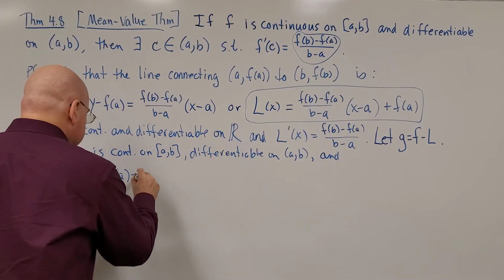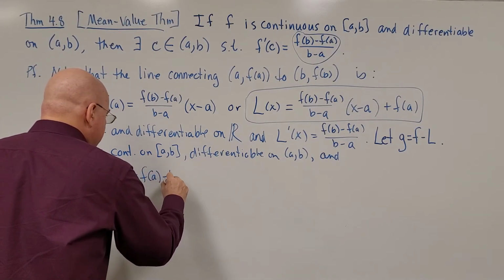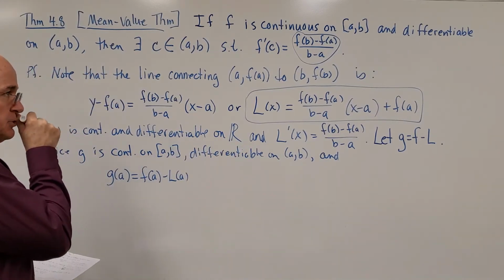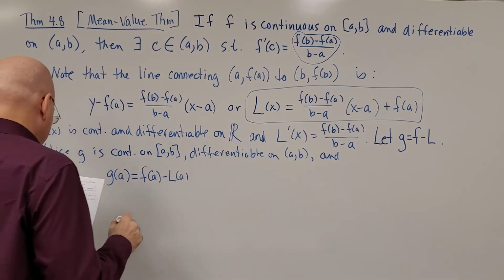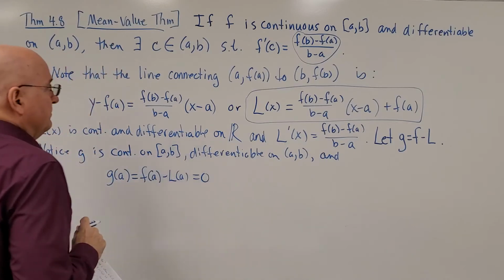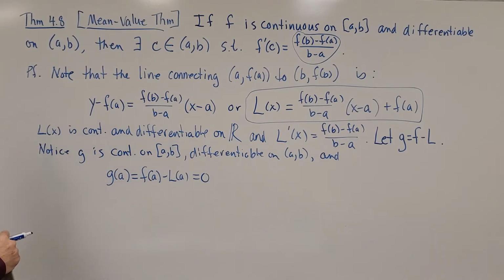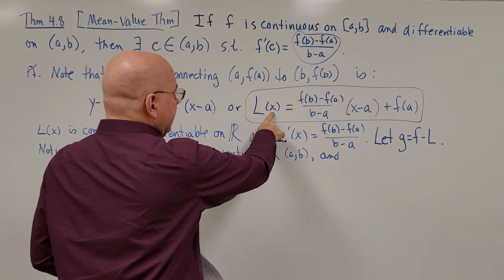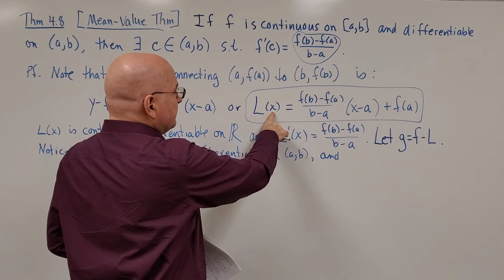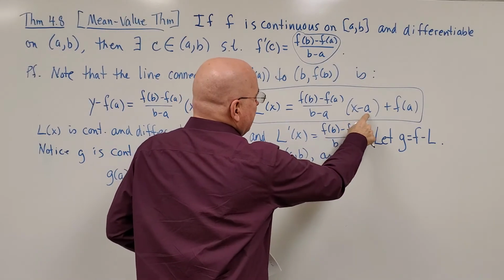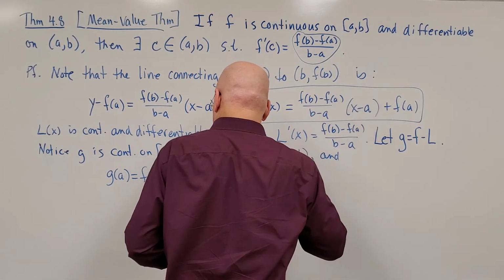g of a is equal to, obviously, f of a minus L of a, just by the definition of L, which is equal to 0. That's pretty easy simply to plug in. I've got f of a minus L of a. Well, when you plug in a for L, you get a minus a, which knocks all of that out.